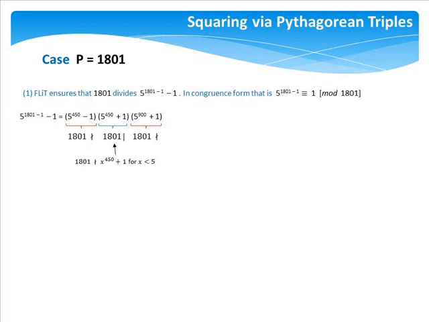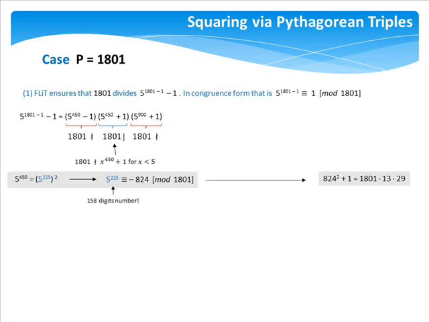All bases less than 5 cannot grant that. The next step would be to rewrite 5 raised to 450 as a square. So instead of 5, we have 5 raised to 225. That number is congruent to minus 824 modulo 1801. So we have the initial sum of 2 squares required.